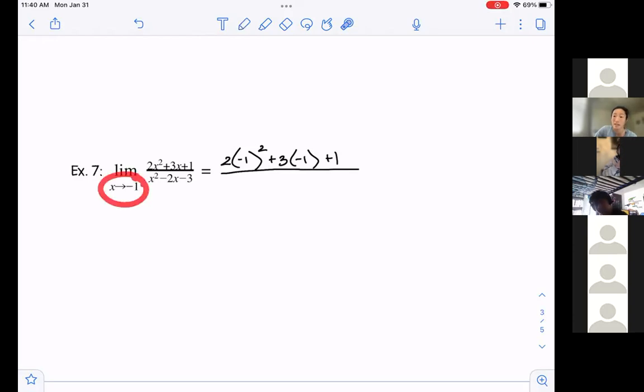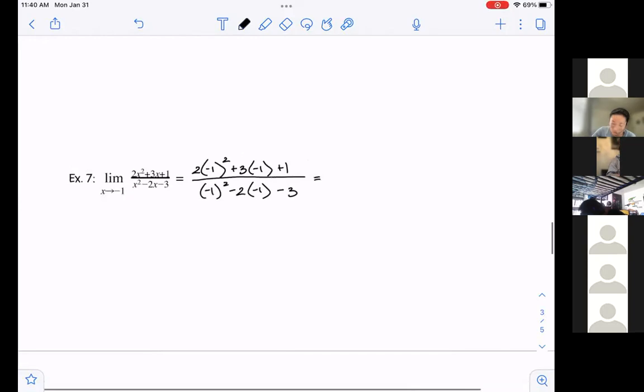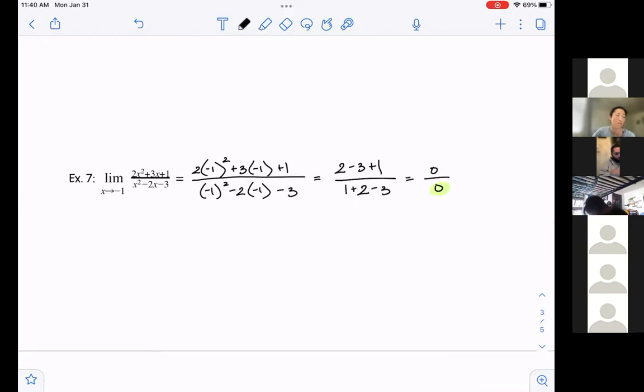The value that x is getting close to, that's where I plug that in. -1 squared minus 2 times -1 minus 3, right? And if we are very careful with our computations, we should end up with 2 minus 3 plus 1 over 1 plus 2 minus 3, which gives you the 0 over 0, and this bottom 0 being problematic, okay?